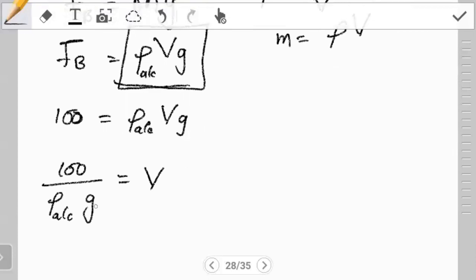So we know what g is, but the question is, what is the density of alcohol? The question gives us the specific gravity of this object. Now, we know what specific gravity is. We have to recall that specific gravity is equal to the density of the substance, let's say rho O, divided by the density of a standard substance.